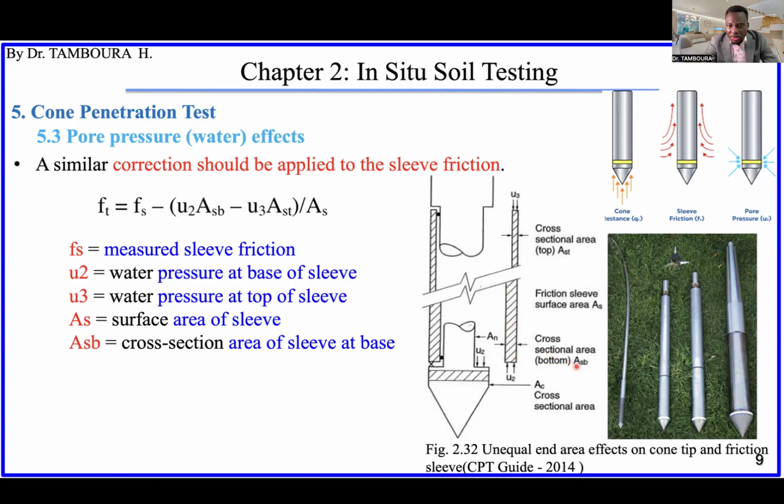And this one, ASB, is at the bottom, B as bottom, the cross-sectional area of this bottom. You can see it here. And this one, AST, is the cross-sectional area at the top. They are not the same.